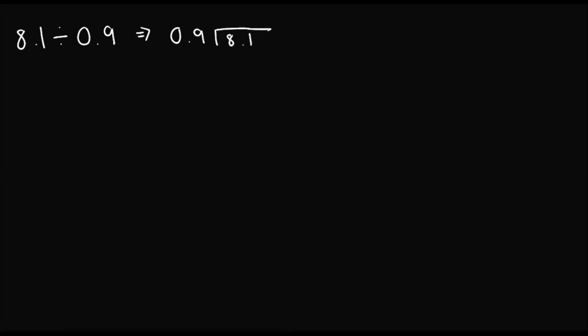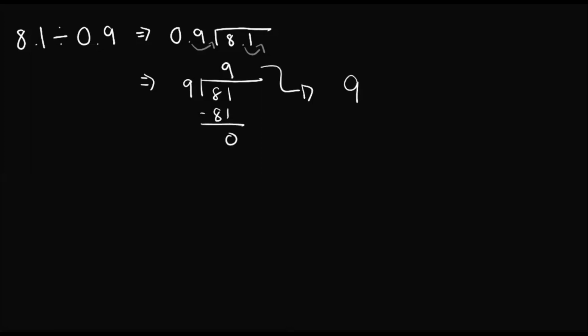Then again, we'll move the decimal point, so we moved it out here, and this one out here. So this one will be the same as 9 divided by 81, which we know to be 9. So subtracting gives us 0, and thus our final answer is really 9.